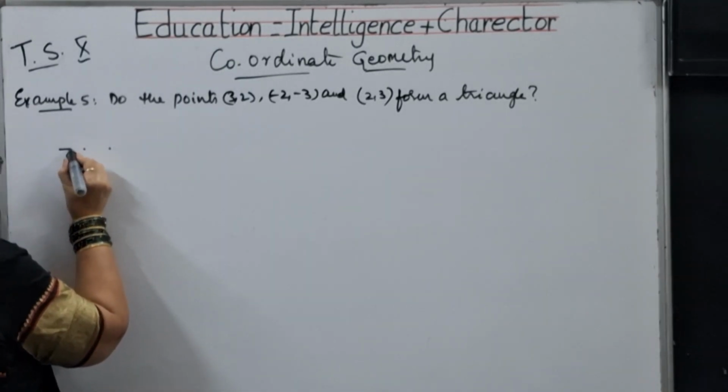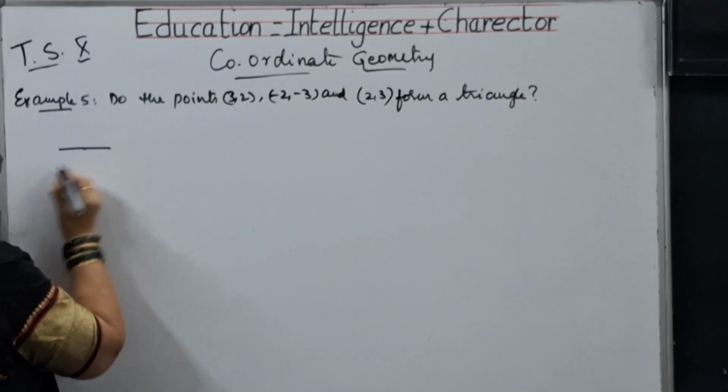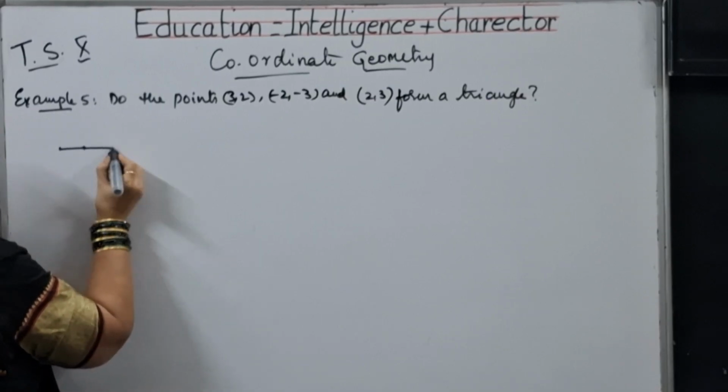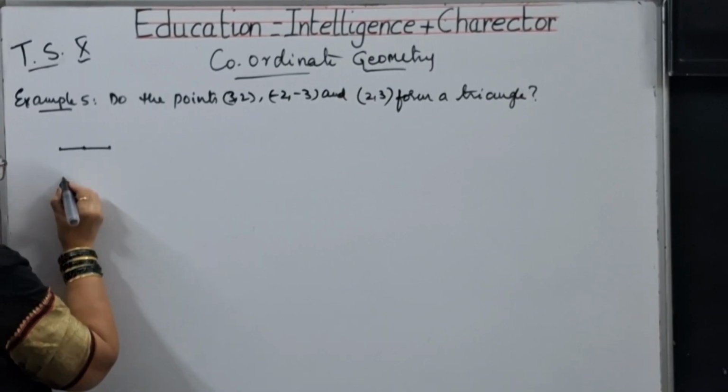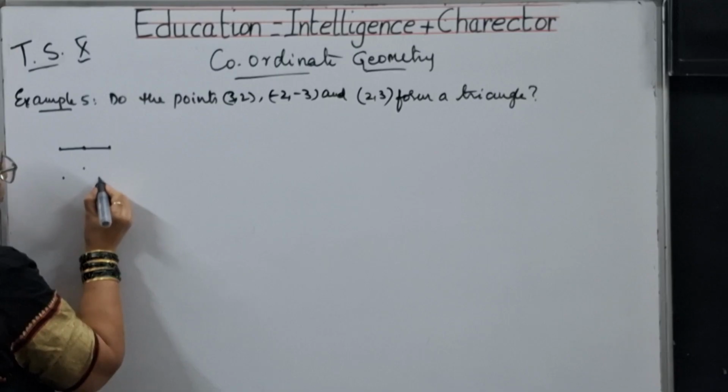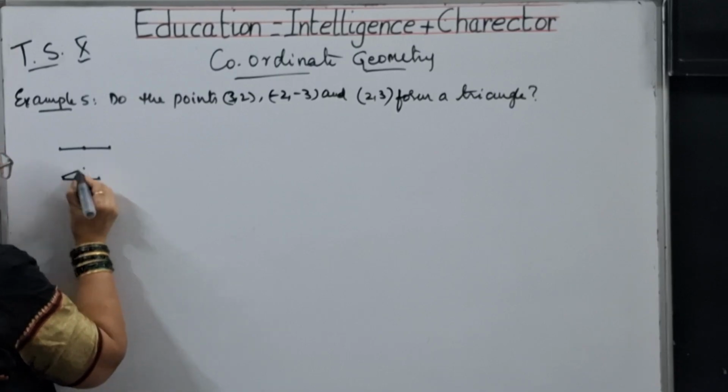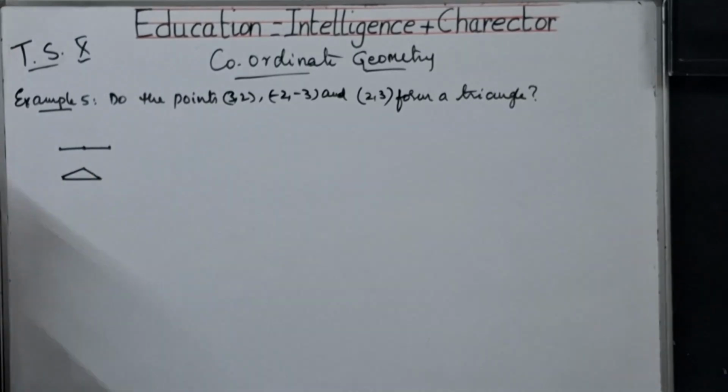If you join all the 3 points, you will be getting a straight line. Otherwise, with the 3 points, you will be getting a triangle. There is no other way in which you can join 3 points. When you join 3 points, either you will be getting a straight line or you will be getting a triangle.